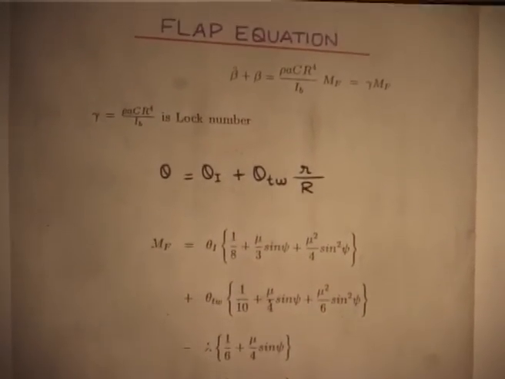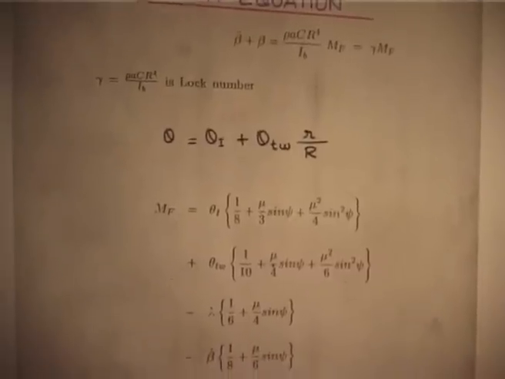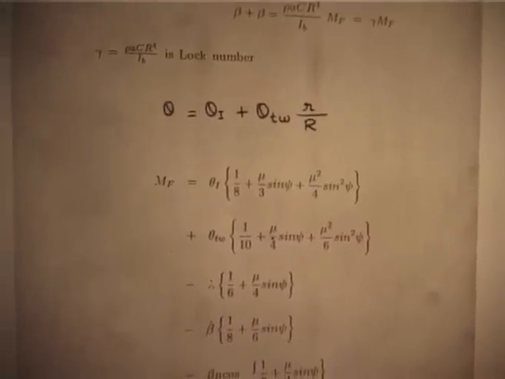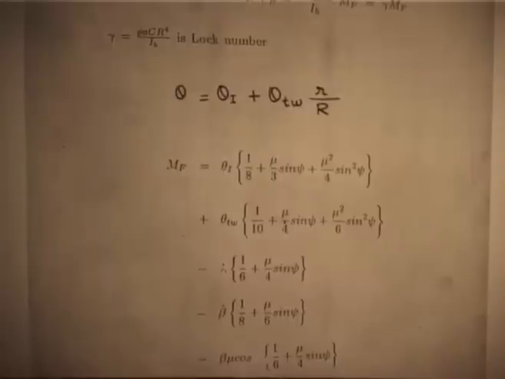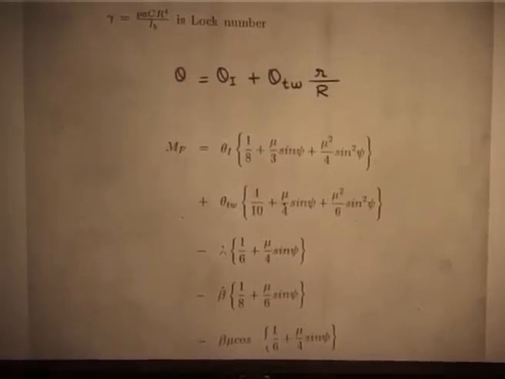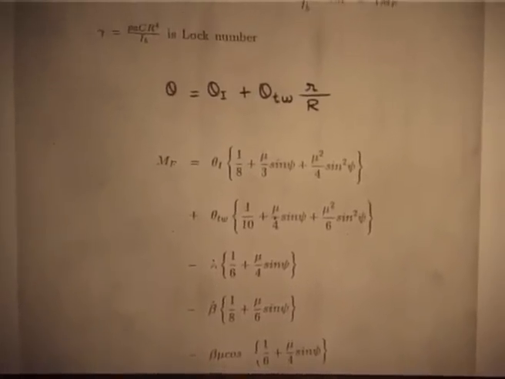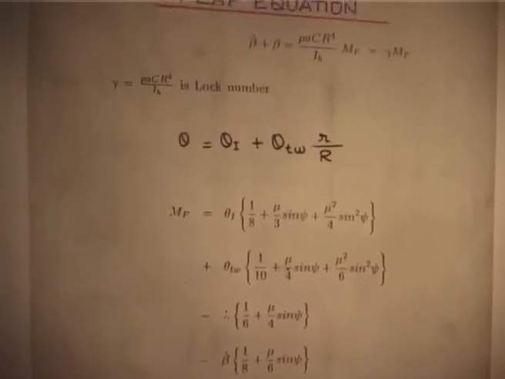Okay? When you put everything on one side, your equation will be beta double dot. Maybe I write that, then you will be able to see clearly how it looks.